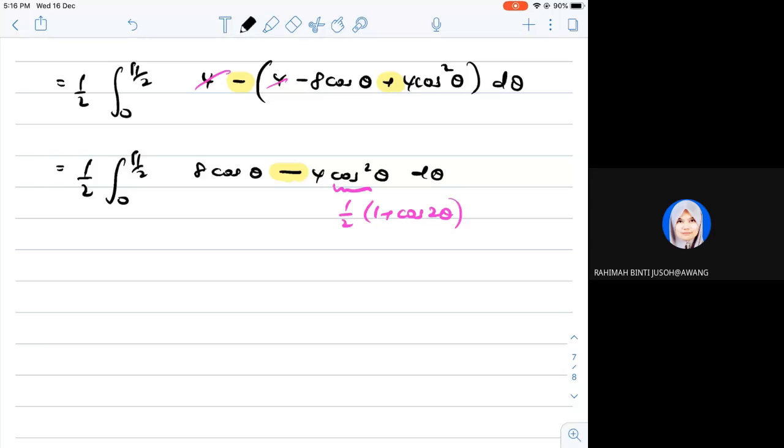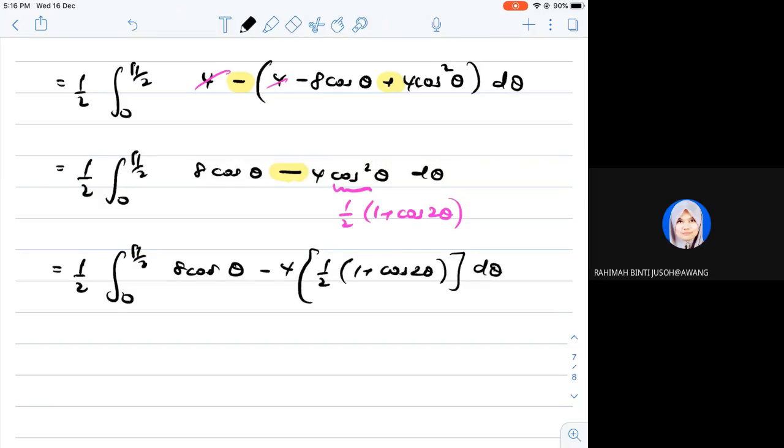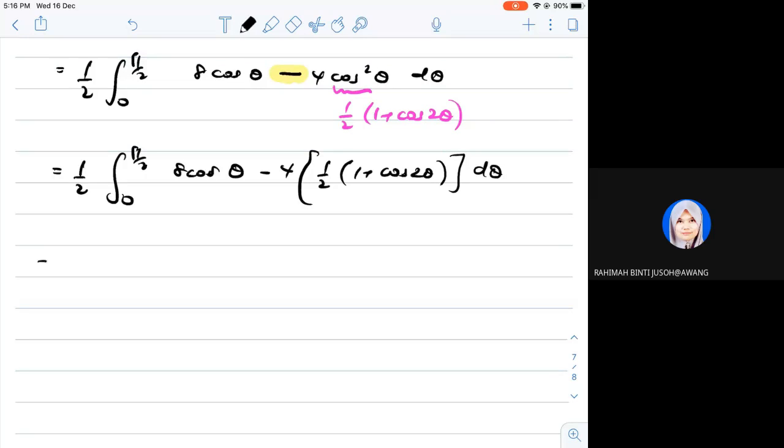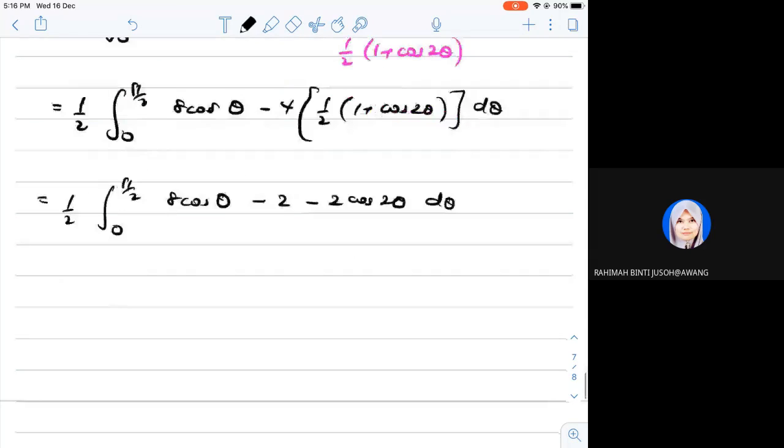Okay, so let us proceed again. Okay, so we will have minus 2 cos 2 theta d theta.